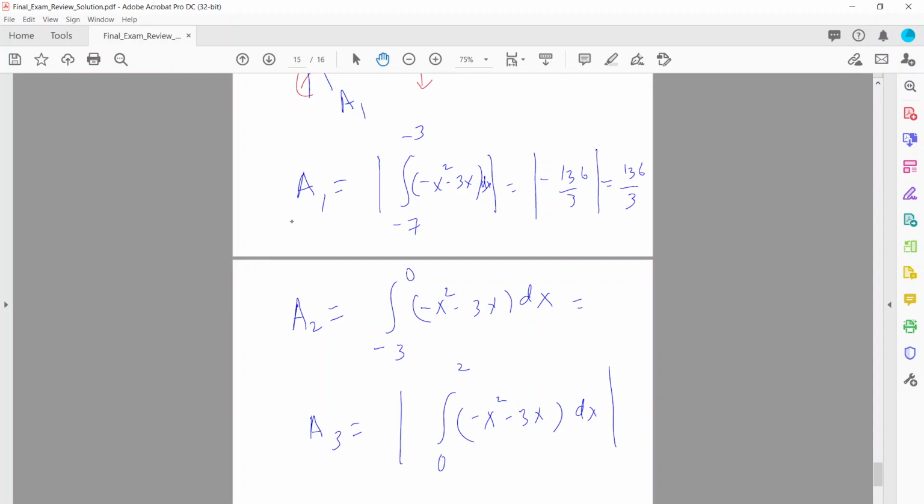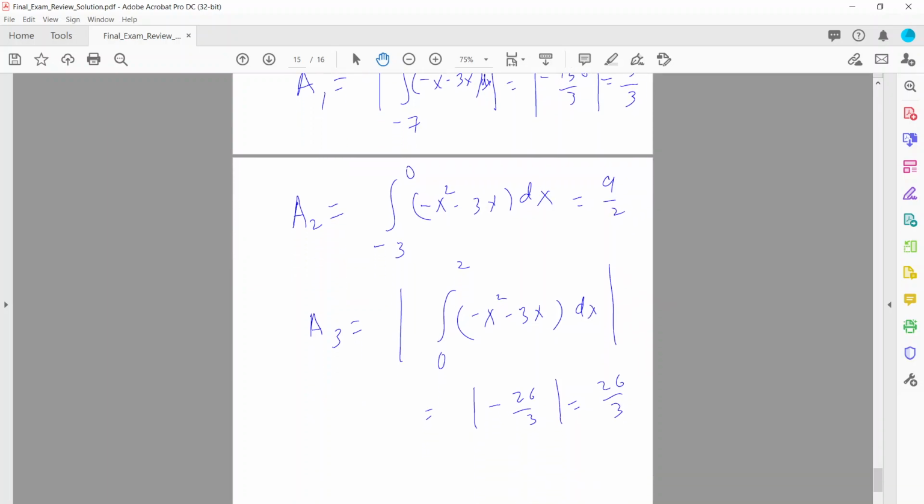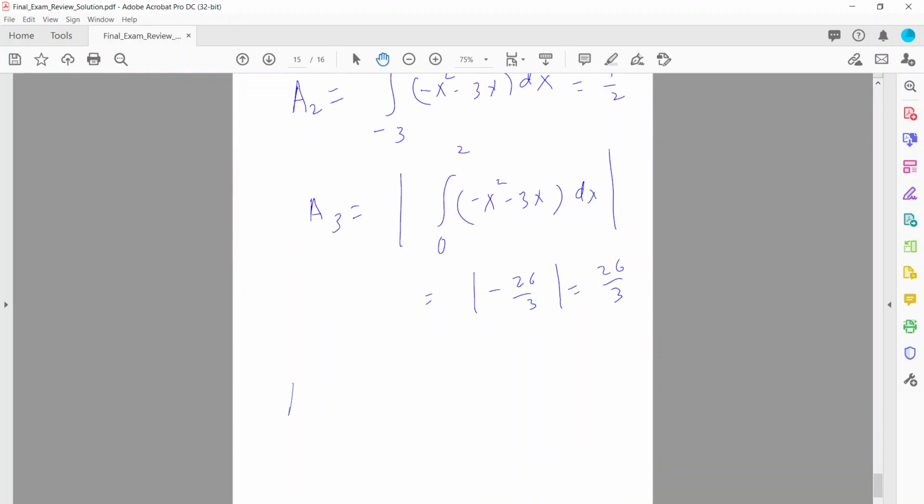For the others, I did this on my paper, but I don't want to repeat that because you know how to find the integration. It's not a big deal for you. So that will be 9/2, and this one will be -26/3, and by making it positive, these are the values of A1, A2, and A3. For the area, this is A1 plus A2 plus A3. If you add these three numbers, eventually it will be 117 divided by 2.